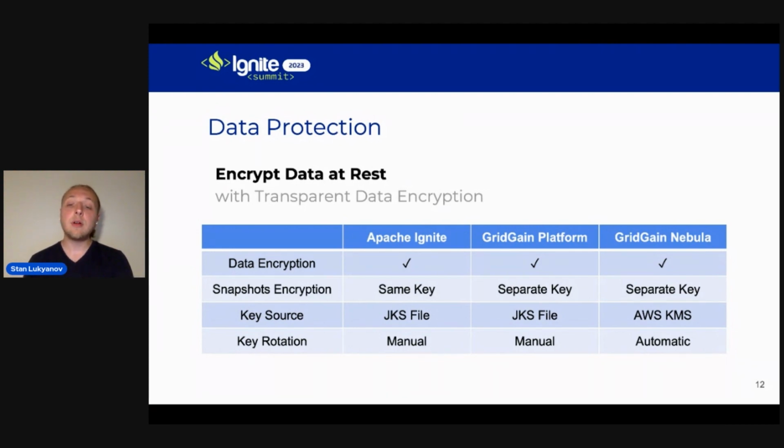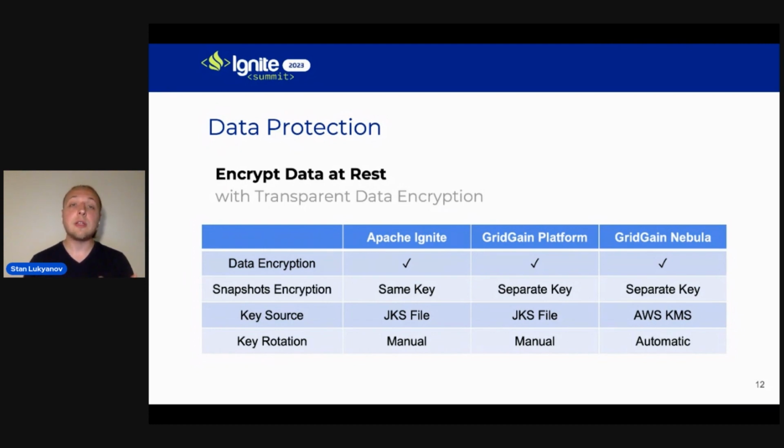With GridGain Nebula, it is a bit easier in the cloud environment. In the cloud environment, you want to integrate with your cloud provider's standard key management service. For example, on AWS, it's AWS KMS, AWS Key Management Service. And GridGain Nebula integrates exactly with that, taking this key encryption key from there.